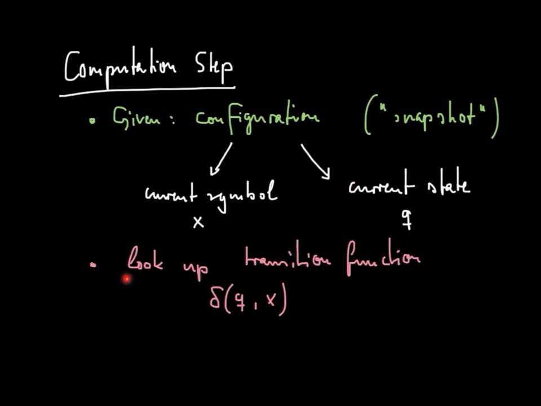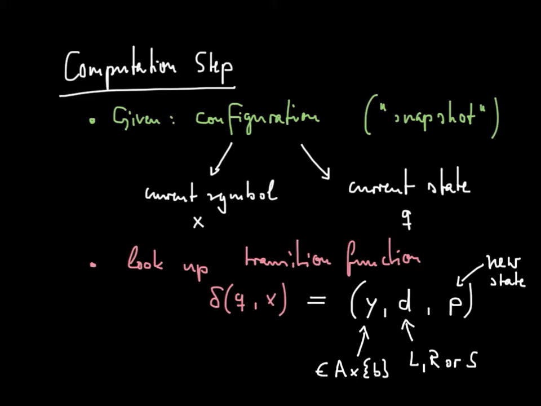And then I can look up the transition function for this, namely delta is a function of the state and the symbol read. And the value of this transition function is a triple Y, D, P, where Y is an entry from the alphabet or the blank symbol, D is a direction, left, right, or stay put, and P is a state.